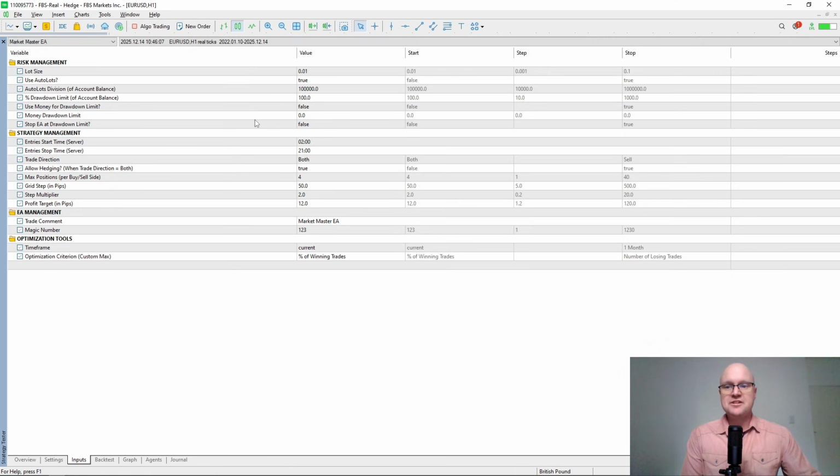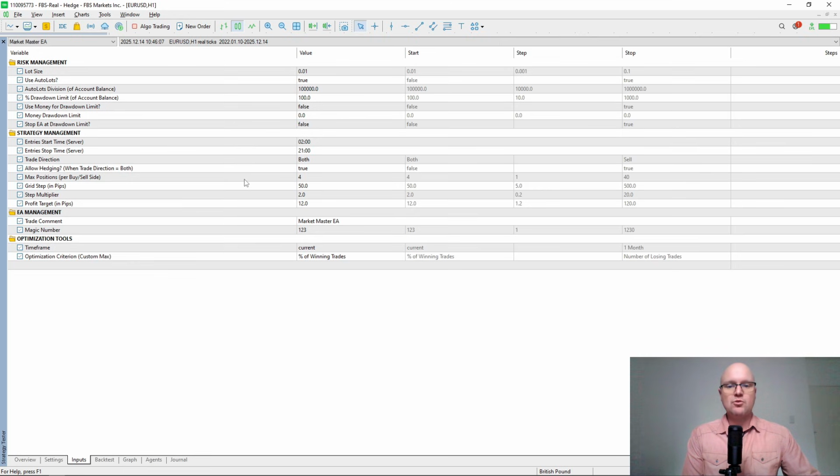Then the strategy management uses entry and exit times according to broker server time from 2 a.m. until 9 p.m. And then you also have the selection of setting a trade direction as well as a hedging option, but it does have a maximum position size of 4 lots.